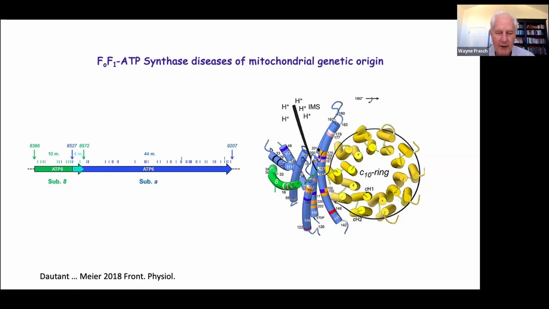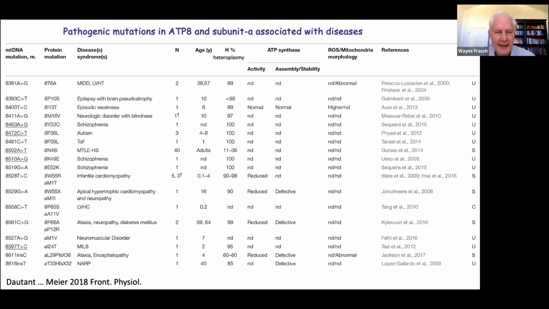These are often the cause of mitochondrial diseases, which can be devastating. Here's a list of those mutations at specific locations within just these two proteins, ATP6 and ATP8, the subunit A and this accessory protein. They start with the accessory protein.